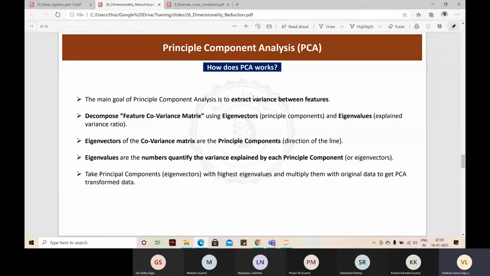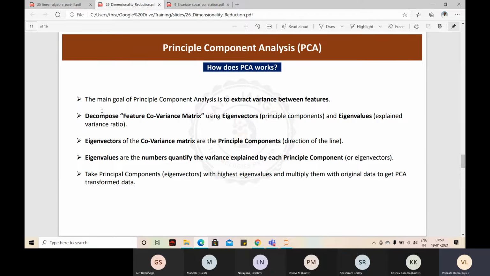The tool we have is eigenvector decomposition. The tool is able to extract the essence from a matrix. Principal component analysis is looking to extract variance between features. So if you somehow produce a variance matrix, a covariance matrix, and then use our tool, then PCA is done.